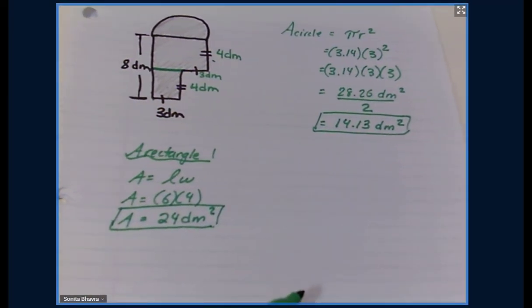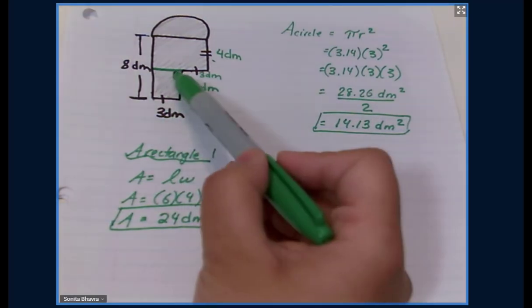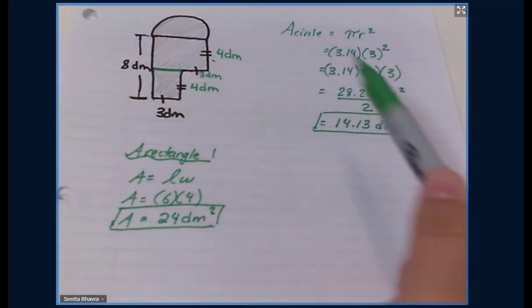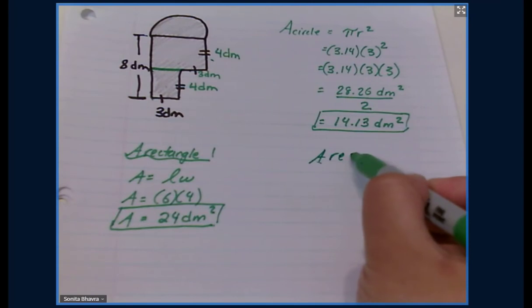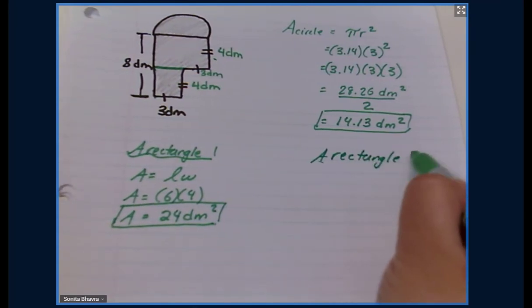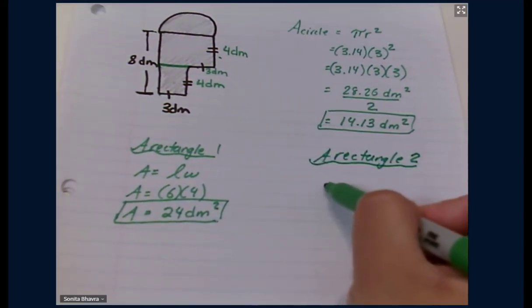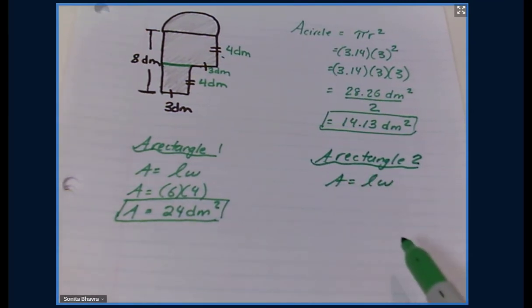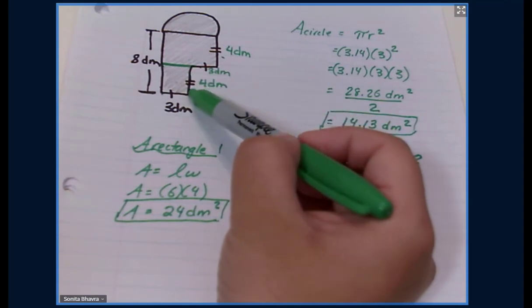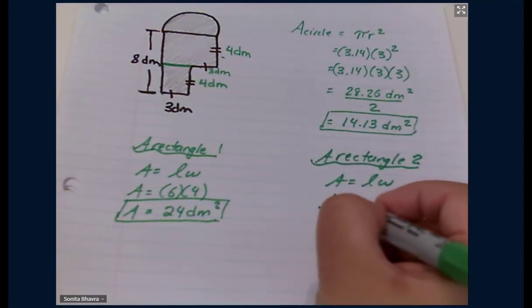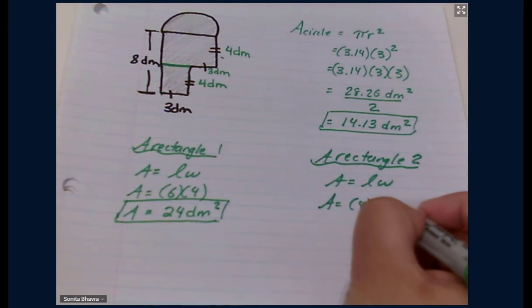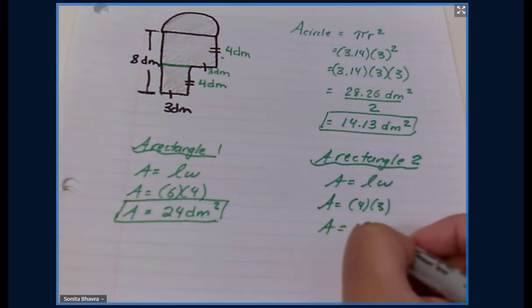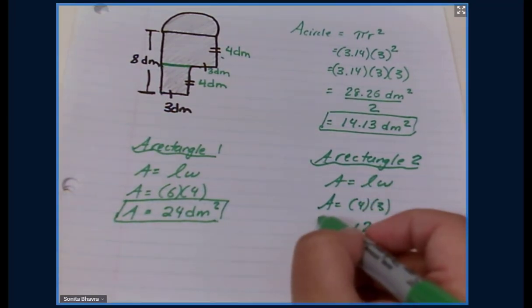And then we have rectangle number 2, which is down here. So area of rectangle 2, area is equal to length times width. In this case, it would be 4 times 3, which gives me 12 decimeters squared.